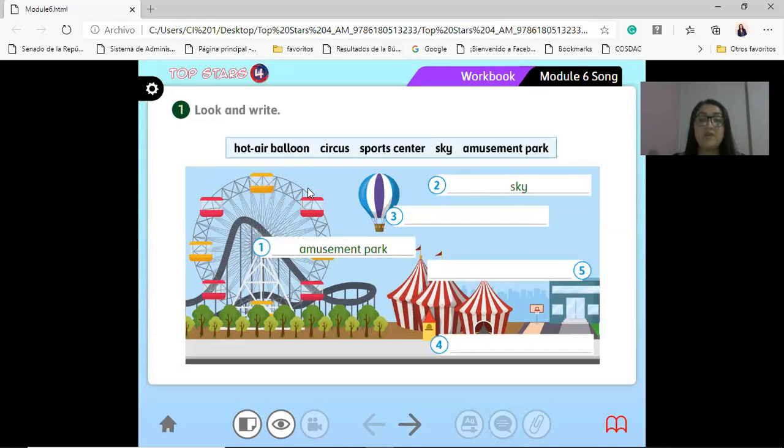Number 3, we have hot air balloon. Number 4, we have, very easy, it is circus.